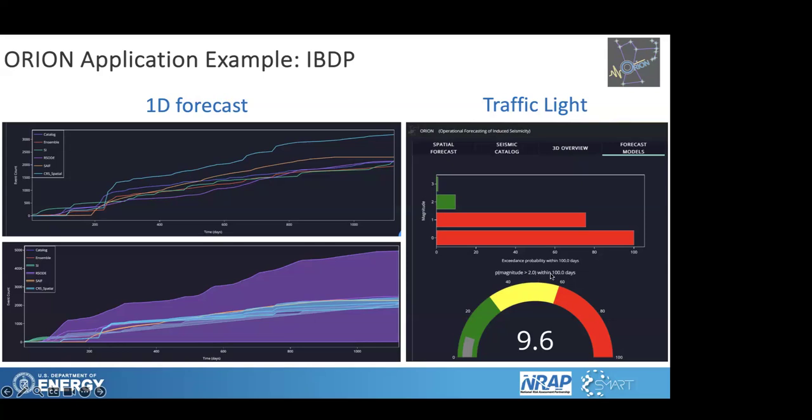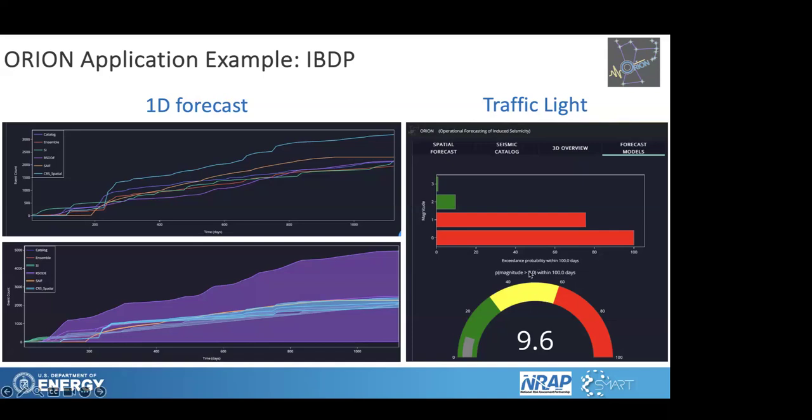However, one might take issue with the static value of the magnitude and also the forecasting duration. So these are variables that are allowed to be updated by the end user. And so, for example, in some parts of Texas, depending on the type of operation, an operator is required to take action at magnitude 1.5.